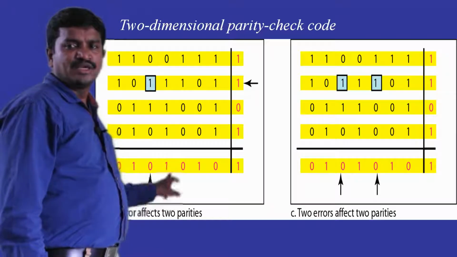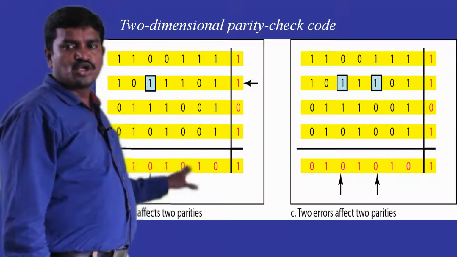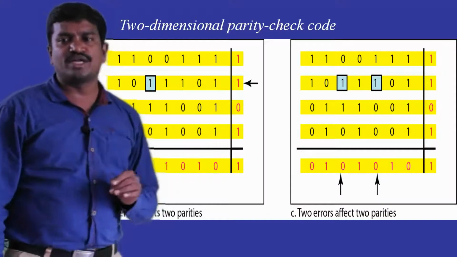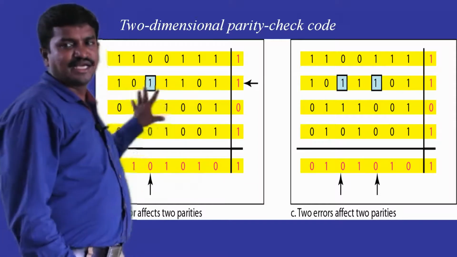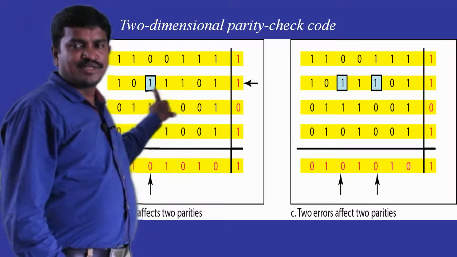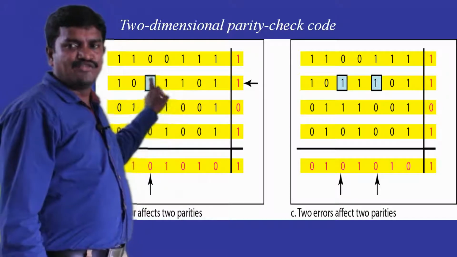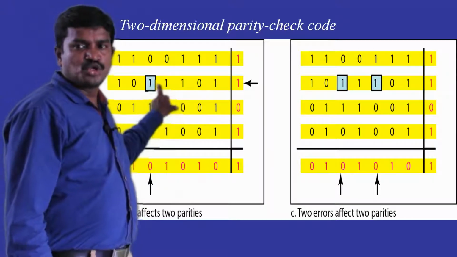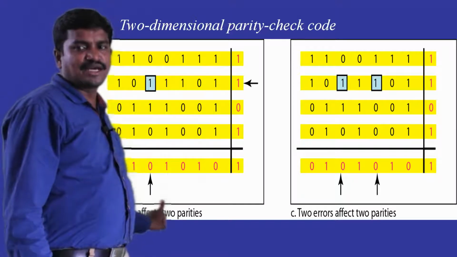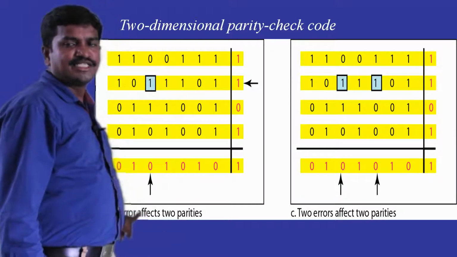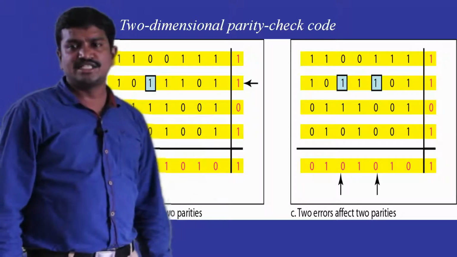That's the reason it is possible to detect a 1 bit error, because the syndrome will be non-zero at the receiver side. So in 2-dimensional parity check, data is organized like this, and assume that this bit is changed. Previously it was 0, now it is changed to 1, and this change has an impact on the row parity as well as the column parity. So it is easily detected at the end by calculating the syndrome value.